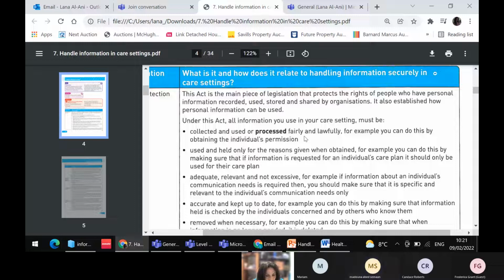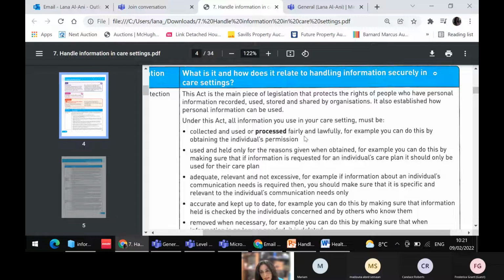What does this mean? We should have the person's permission to collect this information. We shouldn't just record any information about this person in his file.